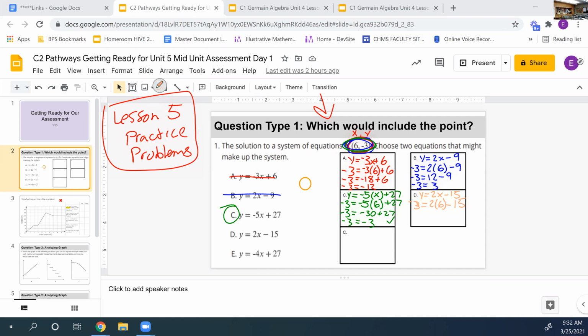-3 is equal to 2 times 6 gets me. Ooh, Shelby knows. Shelby went all the way. Nice job, Shelby. 2 times 6 is, very good, Matthias, 12 minus 15.